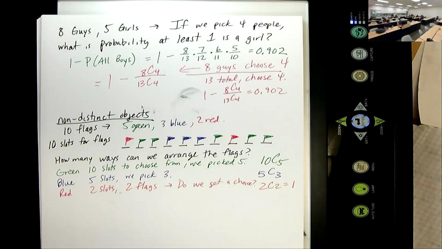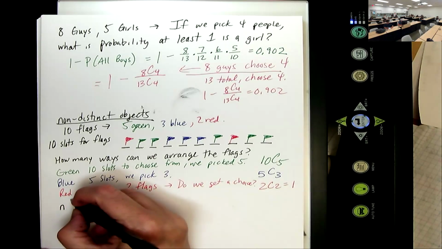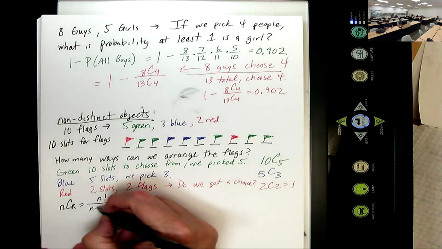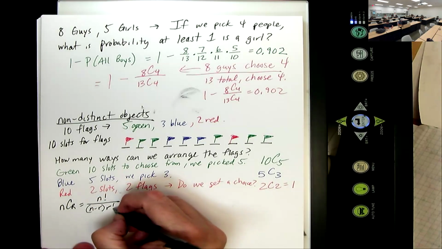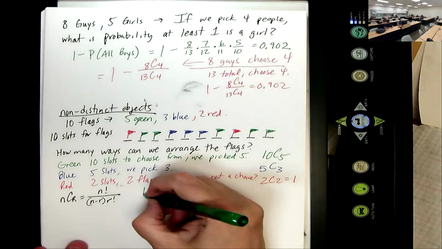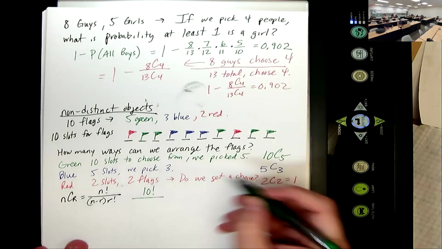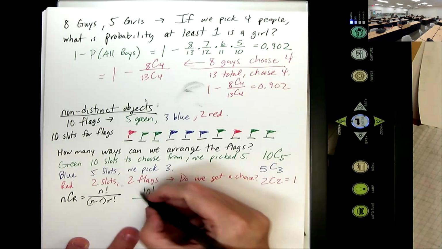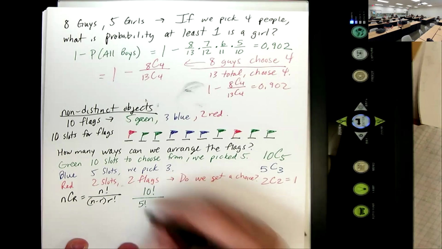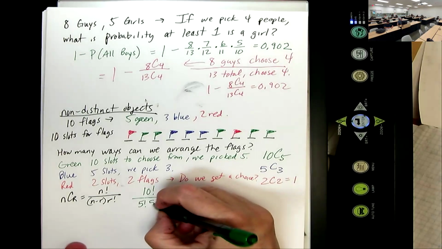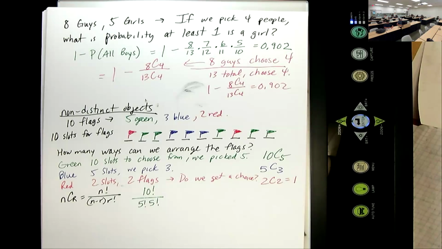So remember that nCr is n factorial over n minus r factorial times r factorial. The green one is 10 factorial, and we do 10 minus 5 for n minus r, which gives us a 5 factorial. And r was also 5, so we have 2 factorials like that on the bottom.